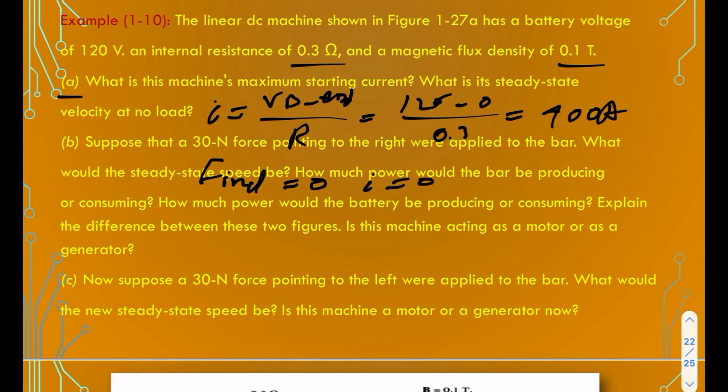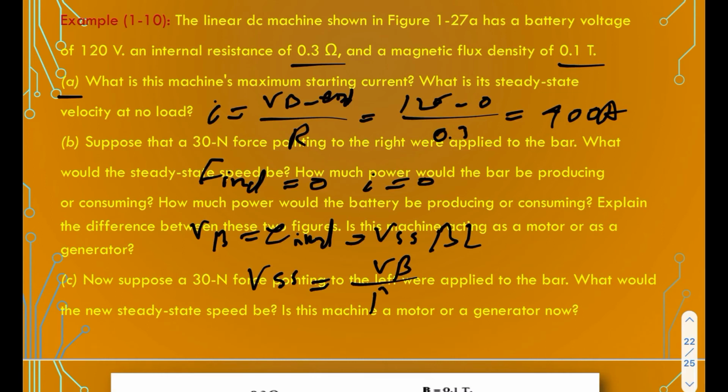Therefore we can say that V_B is equal to E induced, which equals V_SS, steady state, times B L. So V_SS is equal to V battery over BL, 120 over 0.1 multiplied by 10 meters.